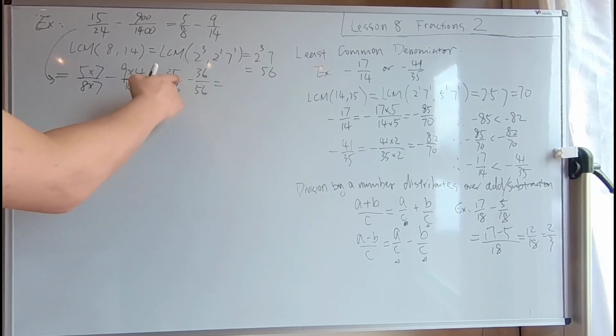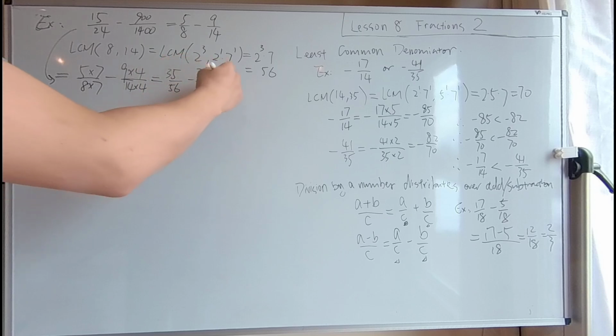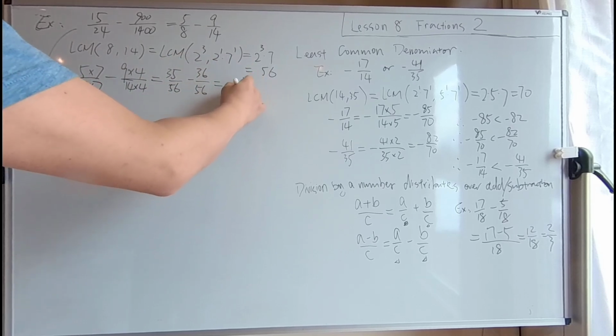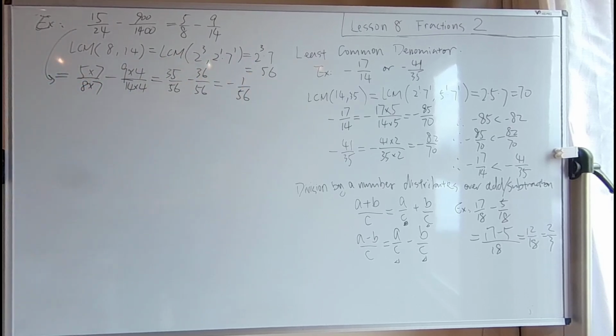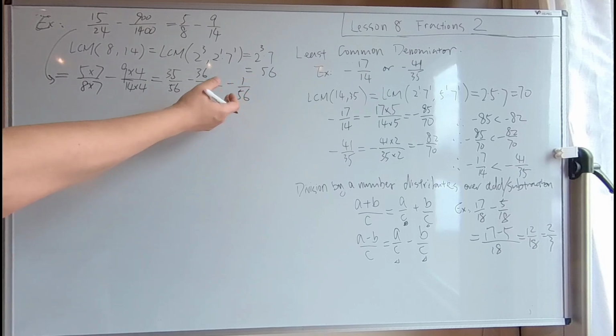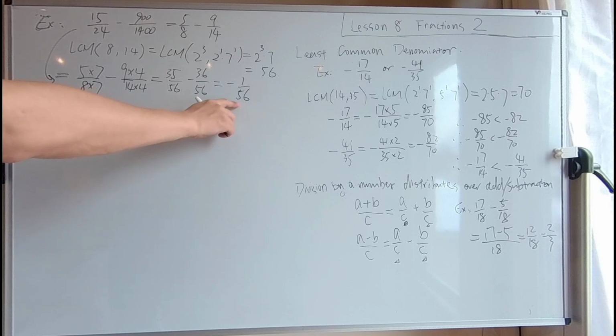And then this will be 35 minus 36, so that's minus 1 over 56. And there is no further common factor, no further way to simplify this, so that's the simplest outcome of this example.